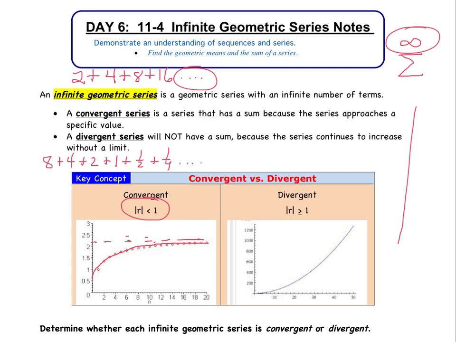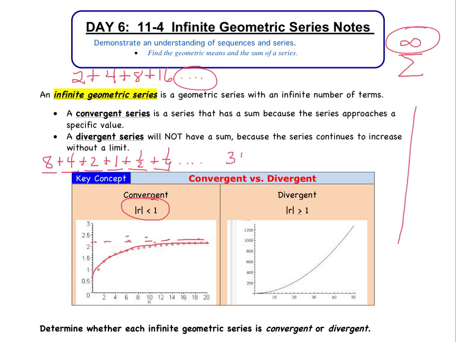Notice that if we start at the beginning, we have 8 plus 4 is 12, plus 2 is 14, plus 1 more is 15, then we get 15.5, 15.25. So the sum is slowing down. It's approaching a value.